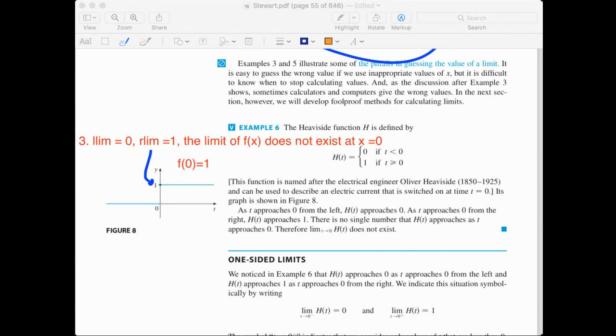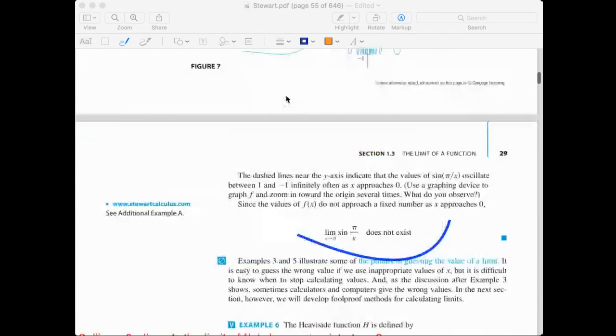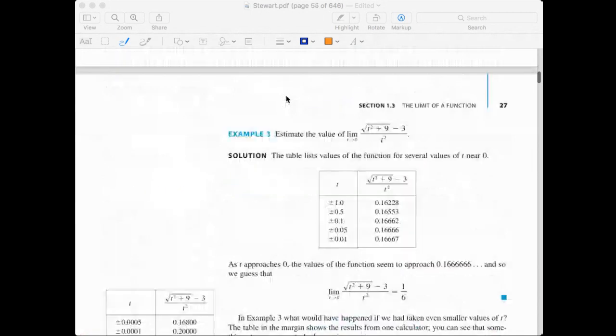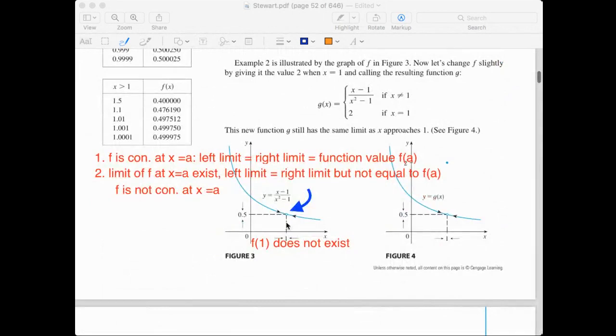So this question is, will every function with a limit always have a solid or open circle, or does it depend on the case? It depends on the case. You see here, we do have a function value, equal to the right limit, not equal to the left limit. But see this one, the left limit equals the right limit, but the function value is not there.